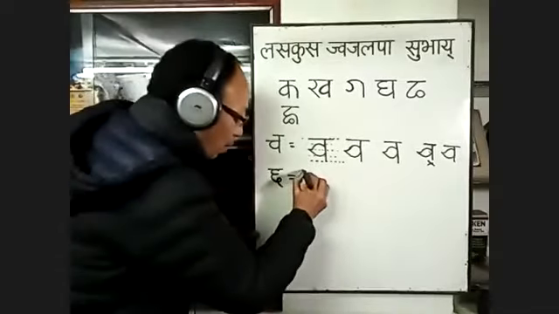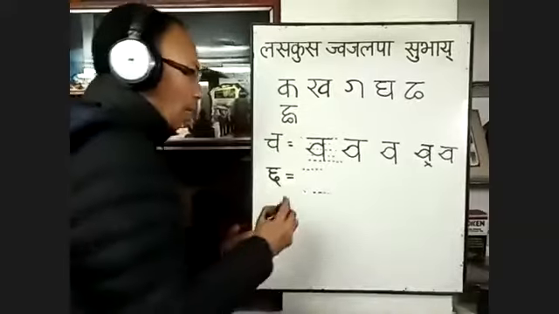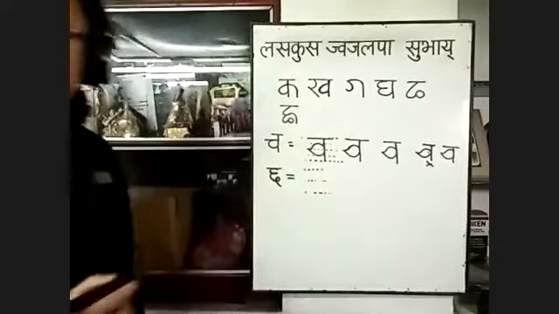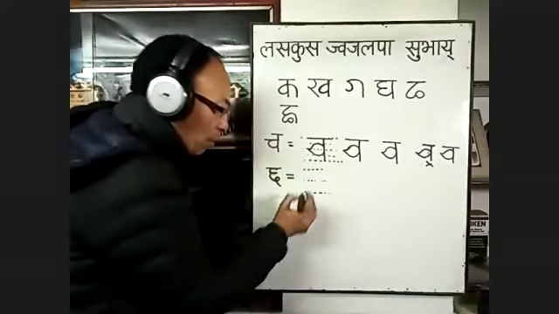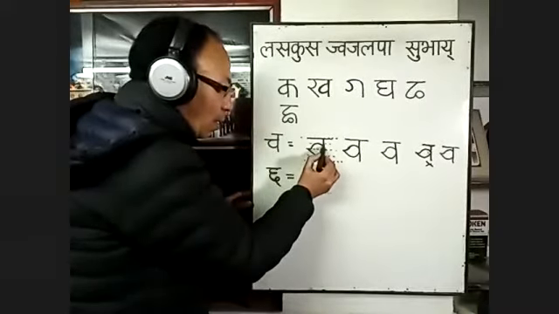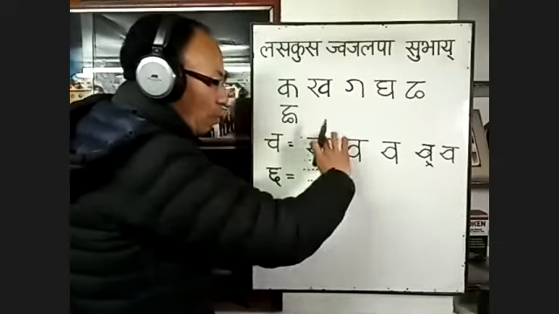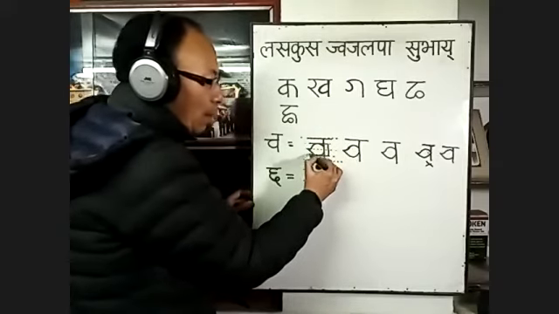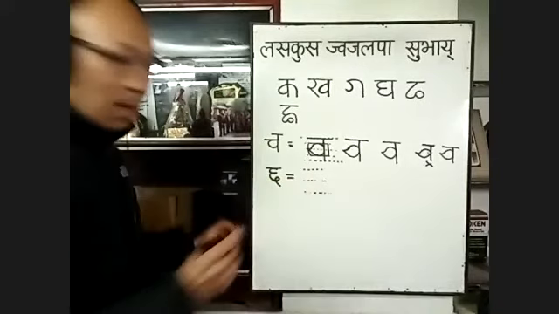So how you write it is, first you write this part, from this to this part, not the whole, but only at the half of your copy line.